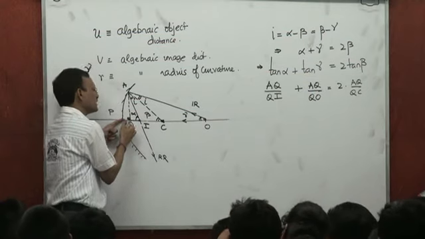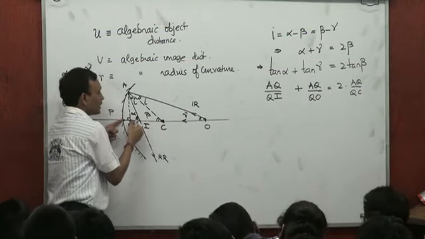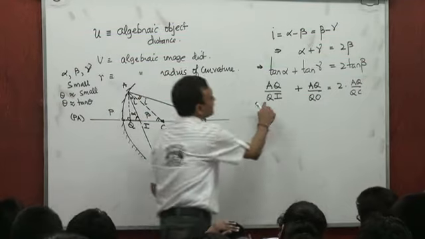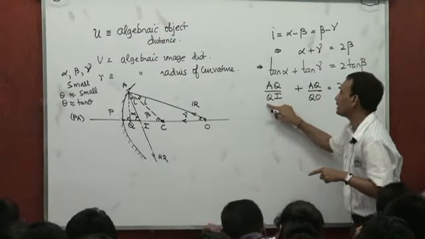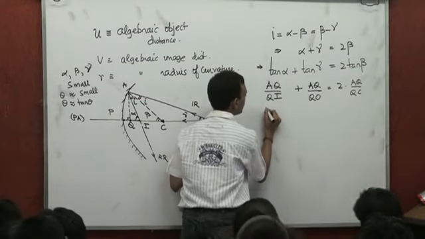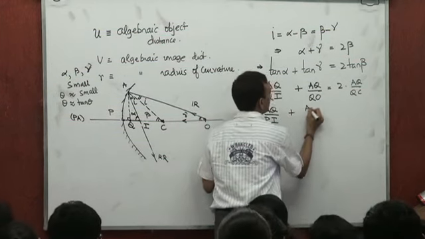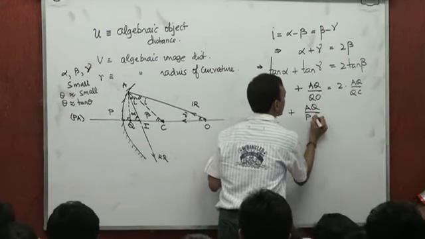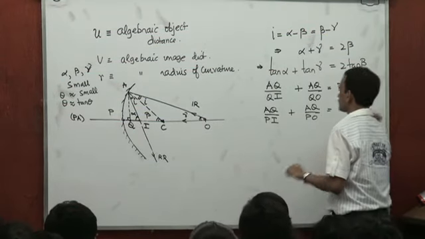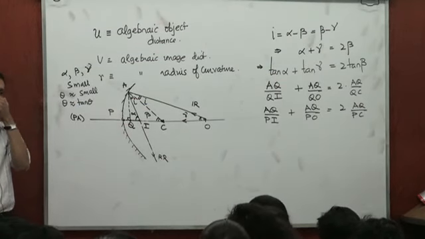So QI could be replaced by PI, QC by PC, and QO by PO, right? So then replacing them, you get AQ by PI plus AQ by PO is twice AQ by PC. Yes or no?